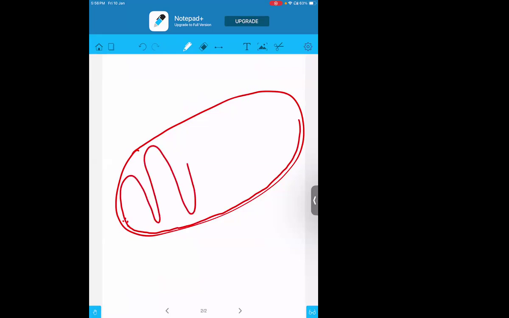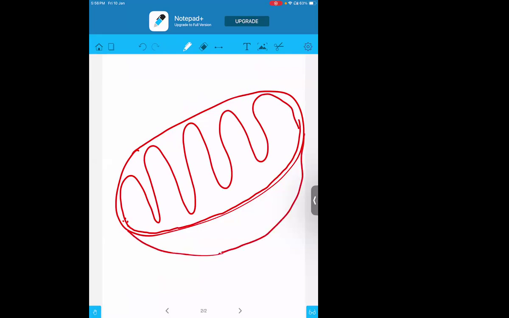This is the structure of the mitochondria. Like this, the outer layer is called the outer membrane. And inside this, there is a second layer which is called the inner membrane. So it has two layers, the outer membrane and the inner membrane.